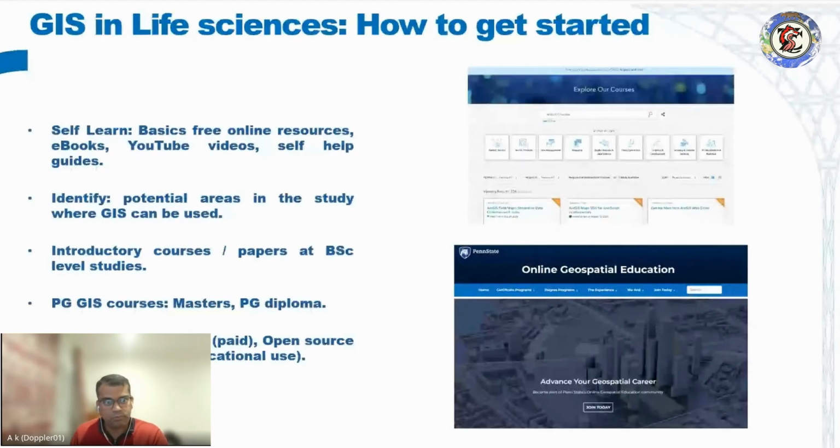And say, for example, in a previous session someone wanted to do research. You can incorporate a GIS aspect into your research if you are doing it for ecology, pollution, and environmental science related work. So you can identify the study areas where you can use GIS. It's not that difficult nowadays. I will send the link.